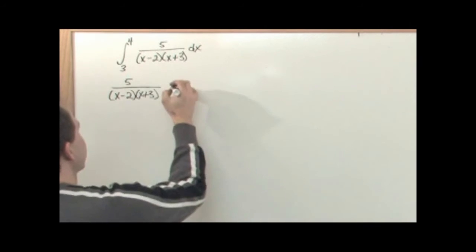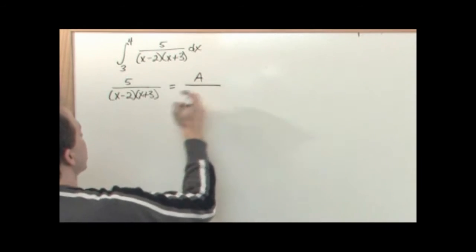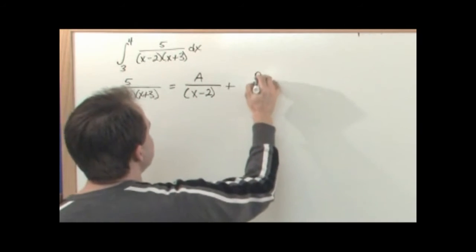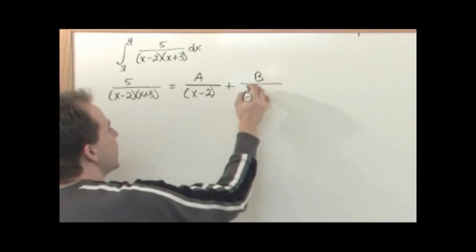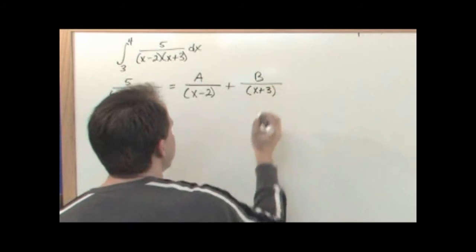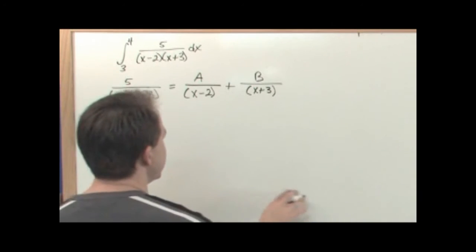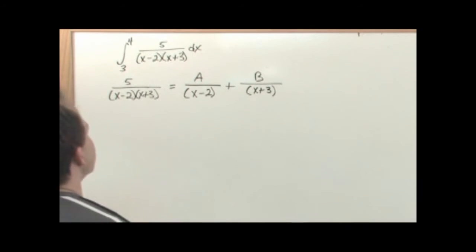So the way you write it is a over this factor, x minus 2, plus b over this factor, x plus 3. Okay, that's what you're going to do. Now notice that on the previous board, in all of its glory, I had a1 and a2 and a3 and a4, but those are just constants.